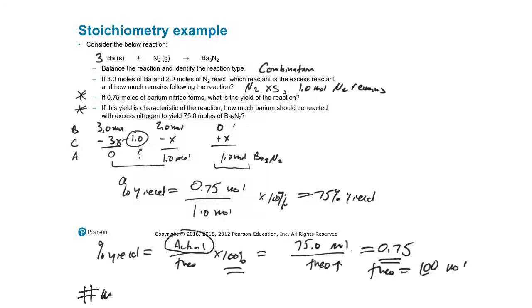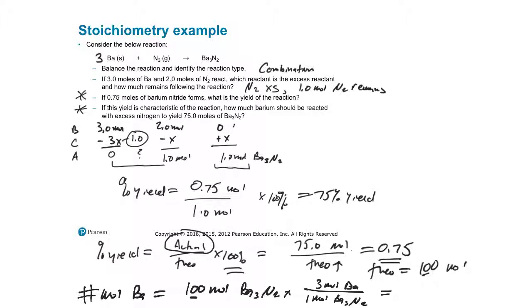Then I might use a dimensional analysis step to calculate the moles of barium we need. We need to make 100 moles, with 2 sig figs, of barium nitride, and then for every 1 mole of barium nitride that we make, we need to start with 3 moles of barium.